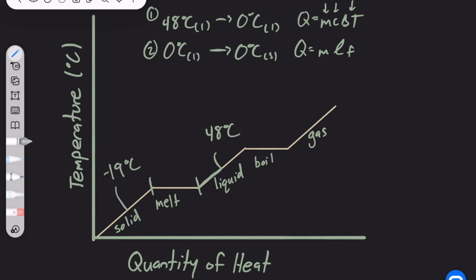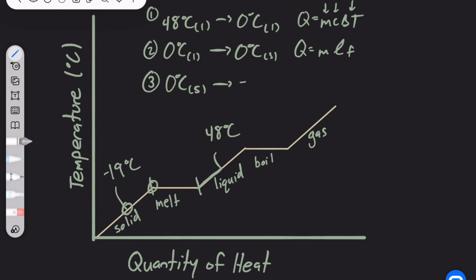And finally, step 3, we are going from water as a solid, so at 0 degrees Celsius, all the way down to water as a solid at negative 19 degrees Celsius. So we have 0 degrees Celsius as a solid. I'll write that a little bit neater. Whoops, there we go.